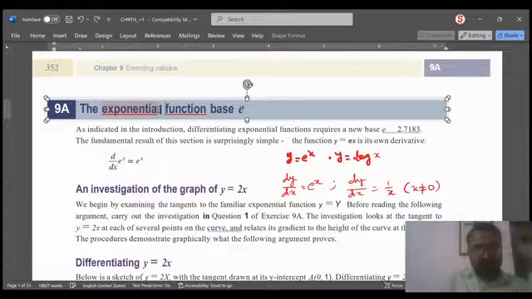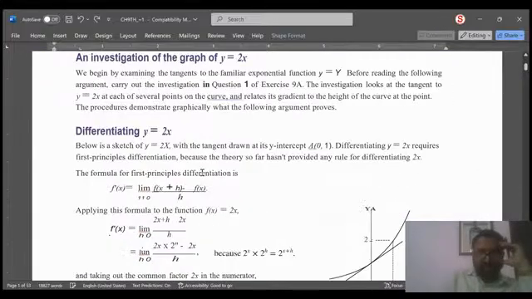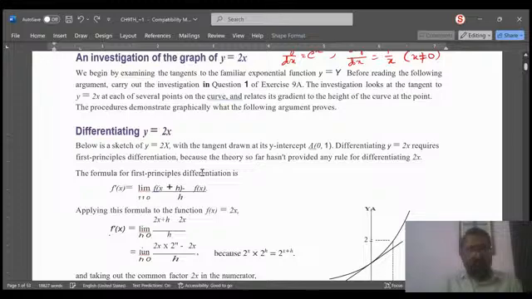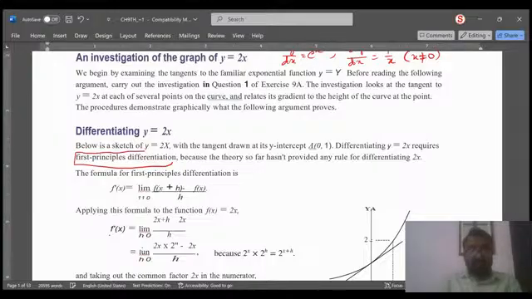Okay, so next, this is the first principle formula. Remember it, your teacher might ask. The first principle formula of differentiation or derivative is this.